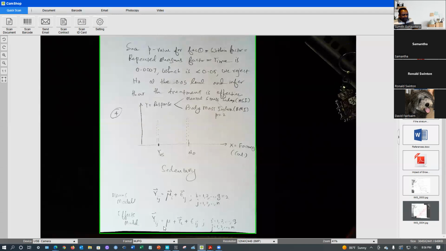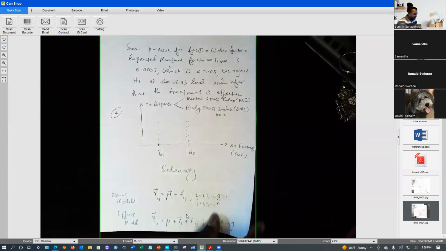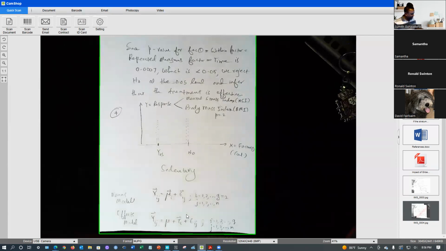And the effects model: the group mean is the overall mean plus the effect plus the error. This is the model. Now we have to see what to test.